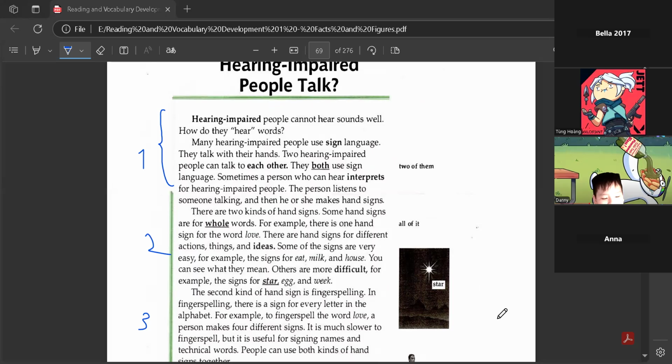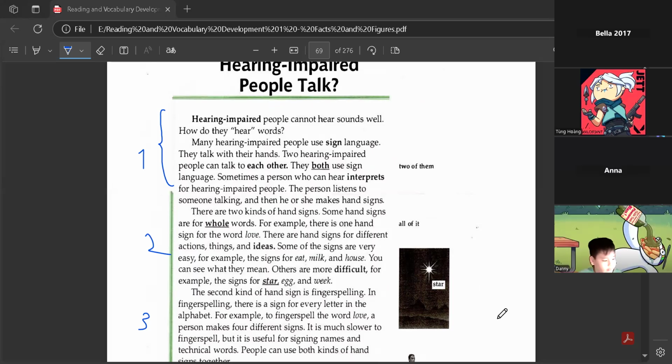There are two kinds of hand signs. Some hand signs are for whole words. For example, there's one hand sign for the word love. There are hand signs for different actions, things, and ideas.